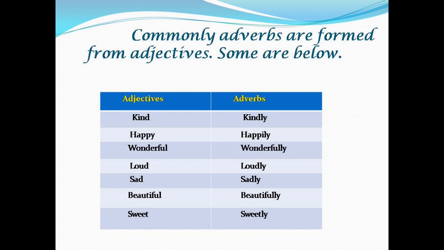An adjective is a word that describes a noun. For example, you can say, my dad is very handsome, my mom is very beautiful, John is hardworking, Ahmed is skillful.